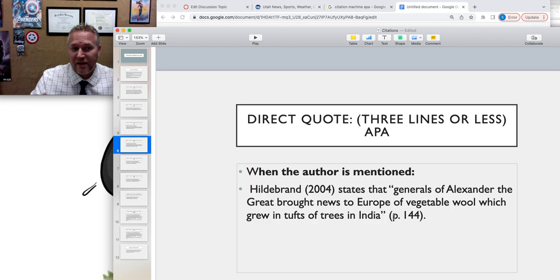P for page, if it's from a book or a newspaper or an article, 144, parenthesis, period. Okay, so remember, 3 lines or less is the standard rule to use these quotation marks.